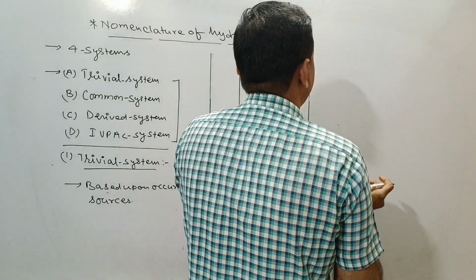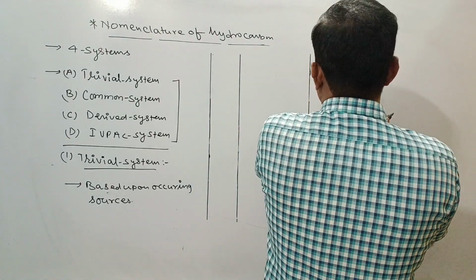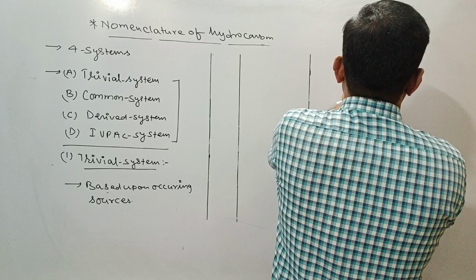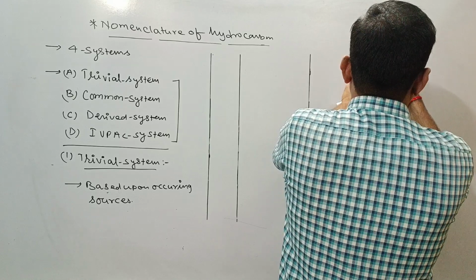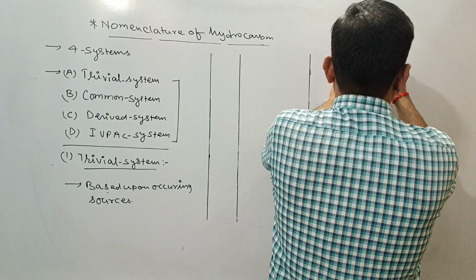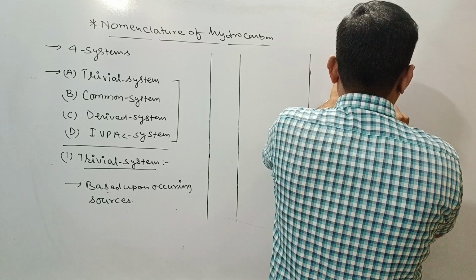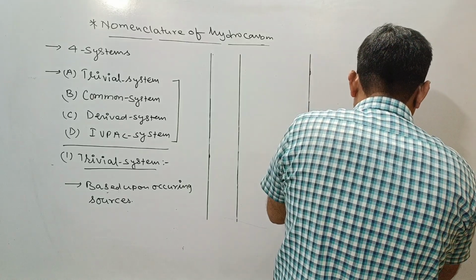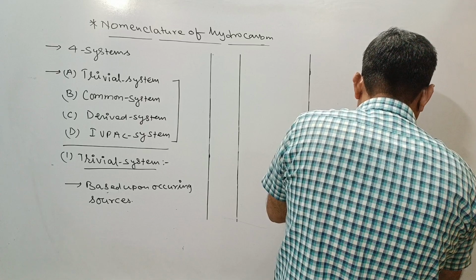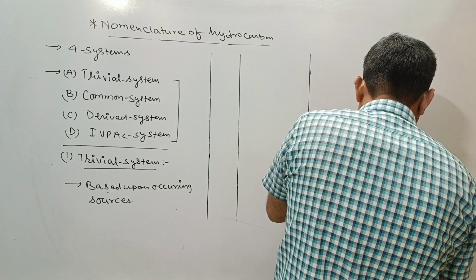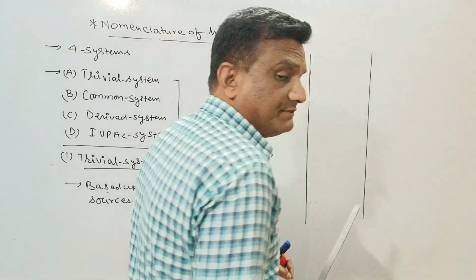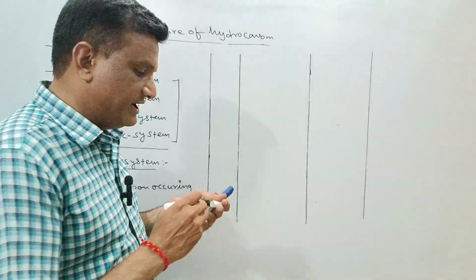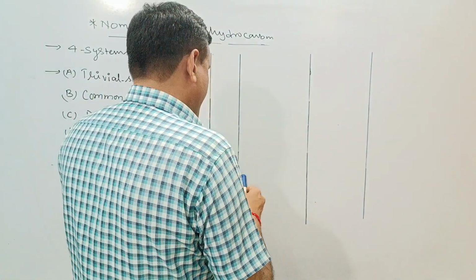And the fourth is the occurring sources, meaning from where we can get the compound. These are the four columns.